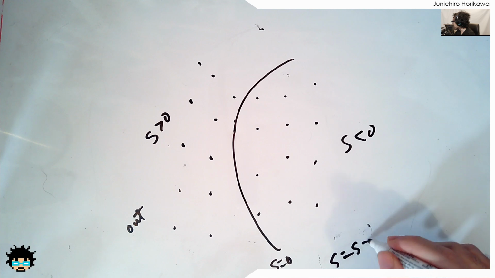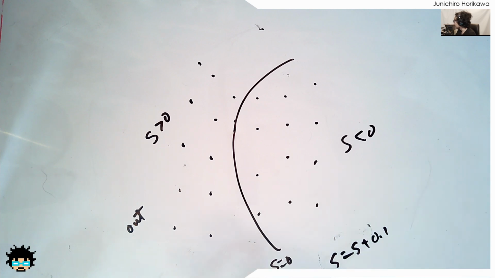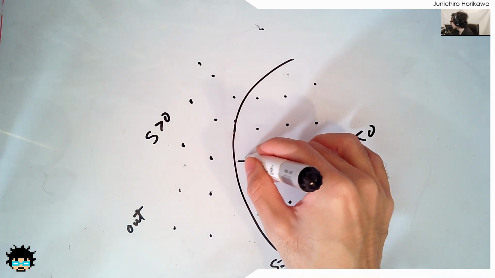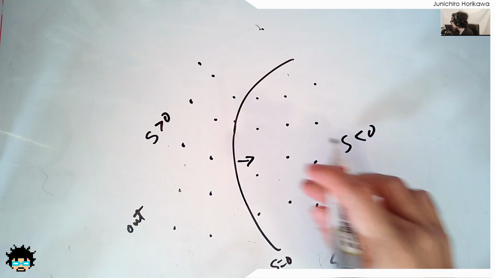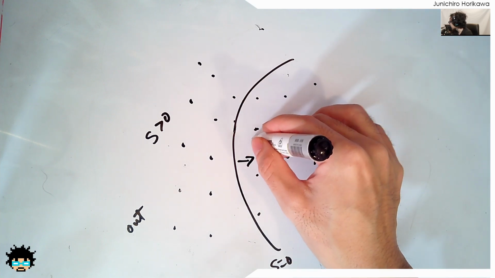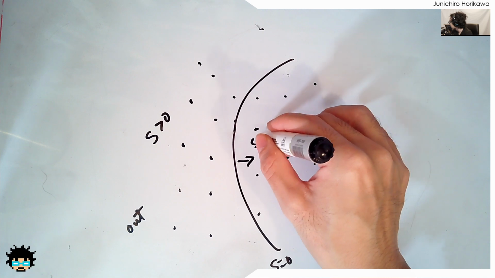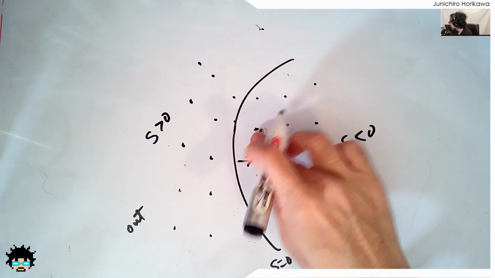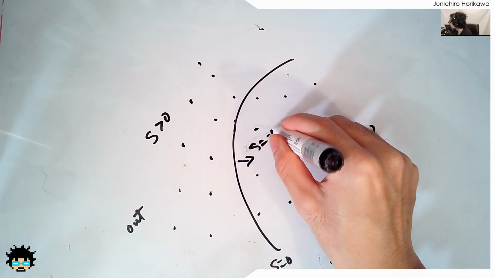S equals S plus 0.1, then that means you are offsetting this line in this direction, because let's say this is the point where S equals negative 0.1.